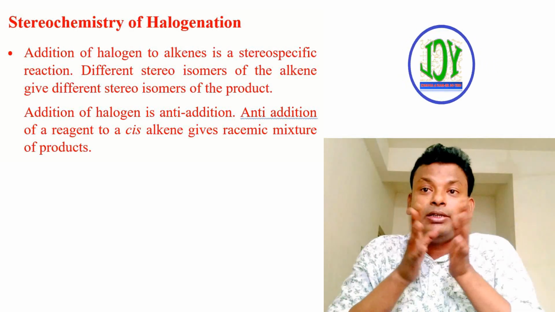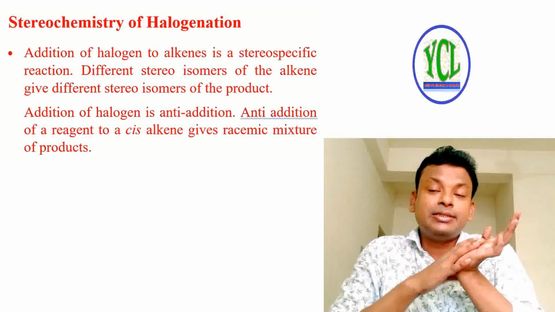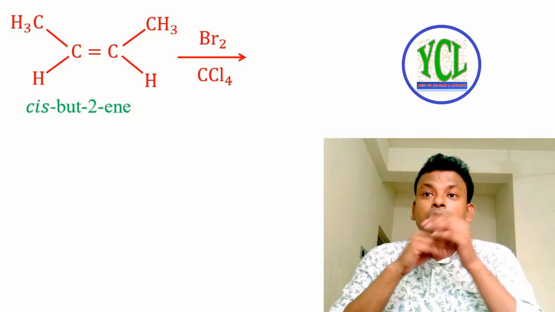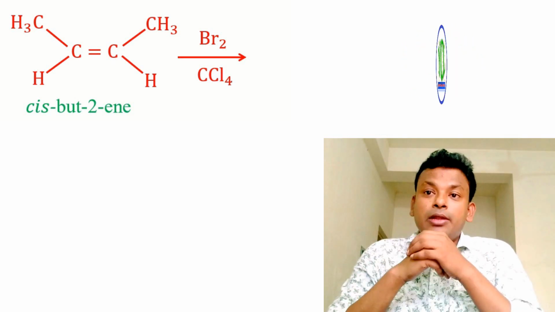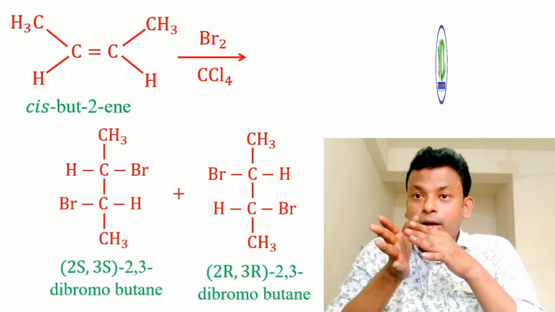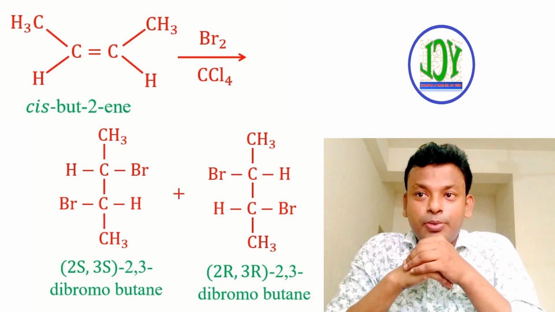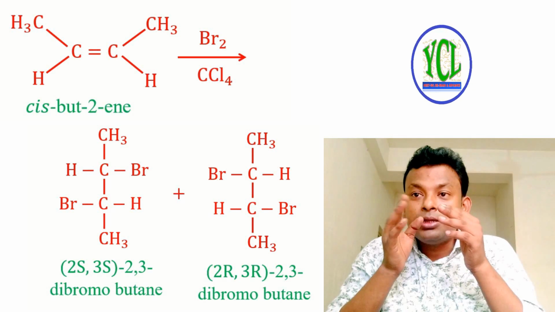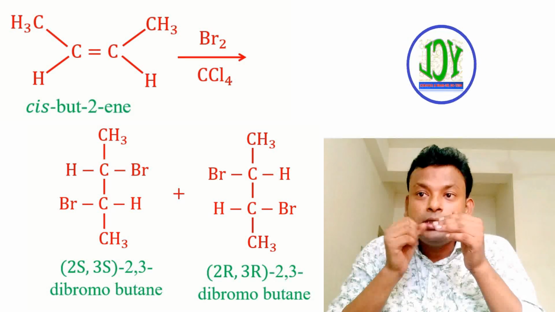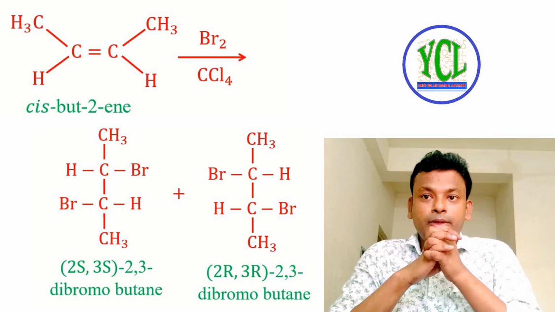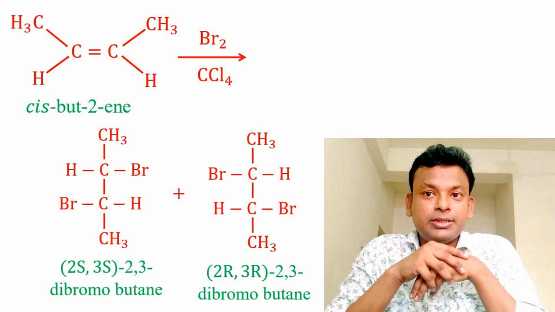Anti-addition of the reagent to a cis-alkene gives a racemic mixture of product. Here cis-butene reacts with Br2 in CCl4 and forms two products, that is 2S,3S-2,3-dibromobutane and 2R,3R-2,3-dibromobutane. That is the racemic mixture.